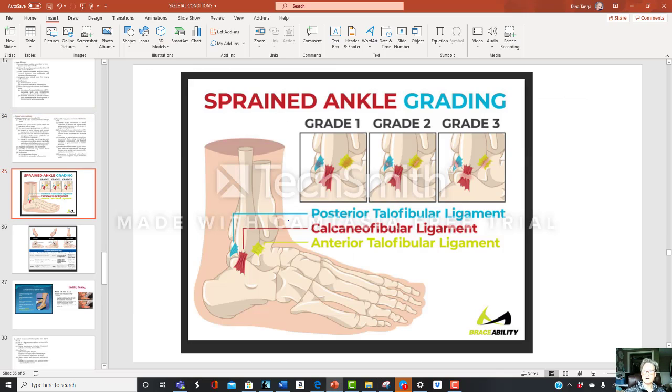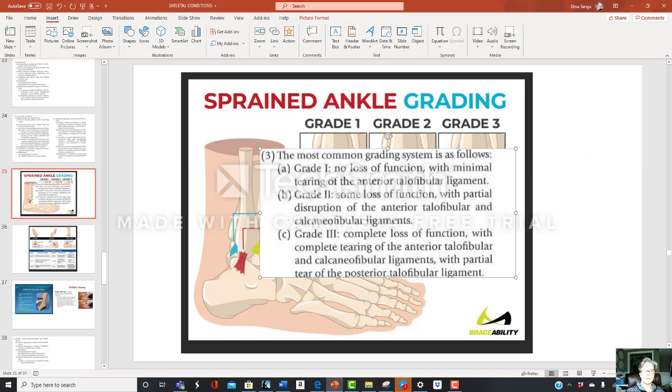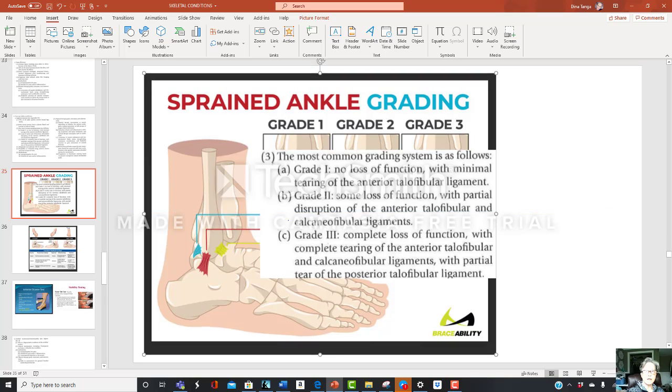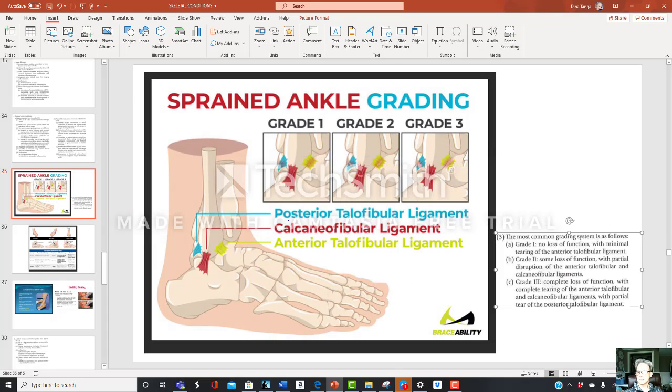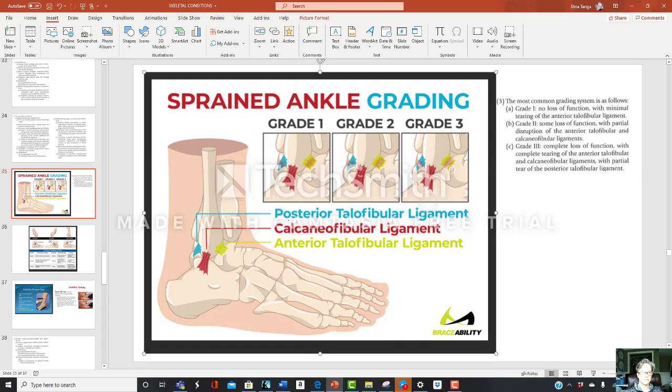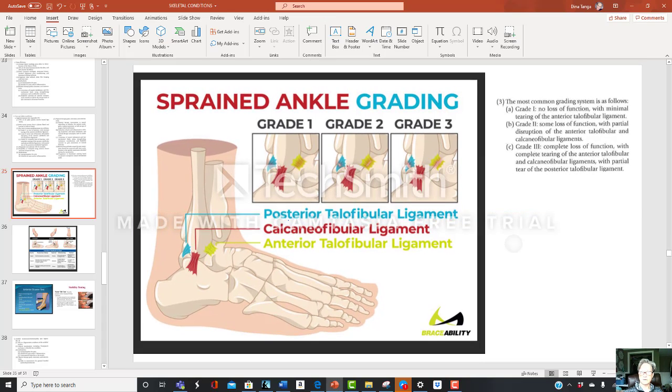Control C, go here. Move that over and move this over here. Okay.